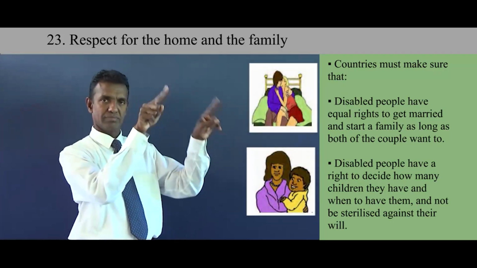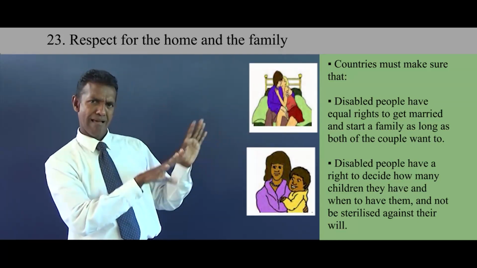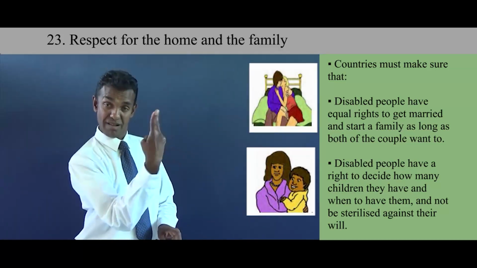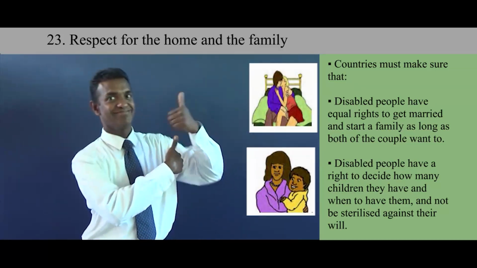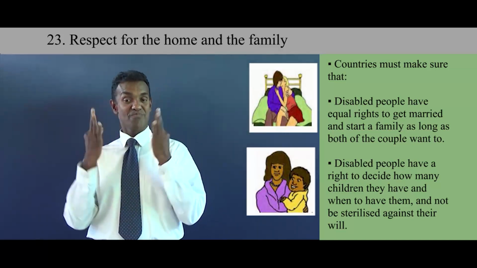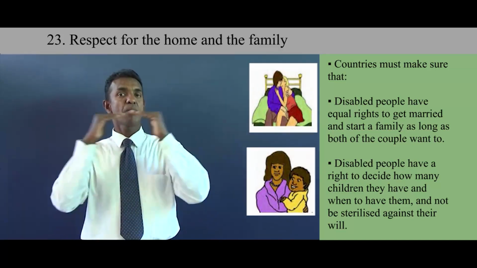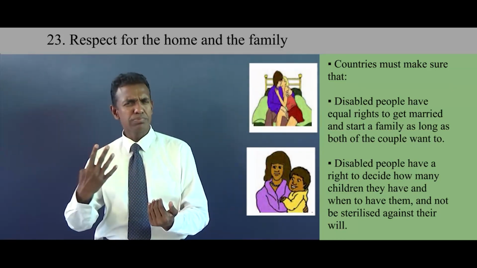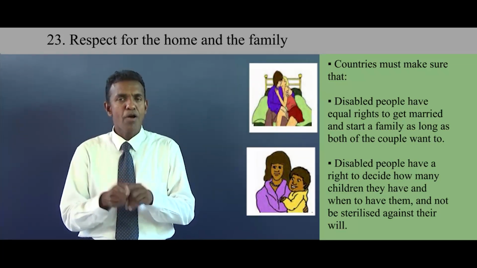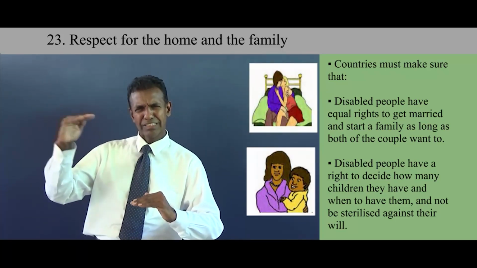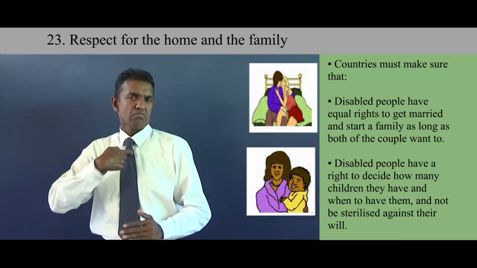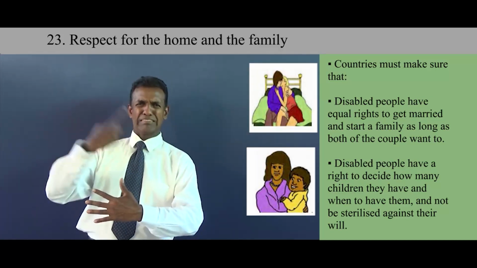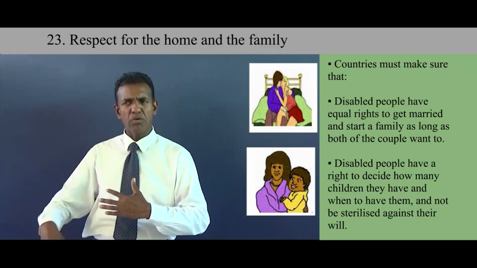Disabled people have a right to decide how many children they have and when to have them, and not be sterilized against their will. Disabled people have the right to family planning and other information to help them decide these things.